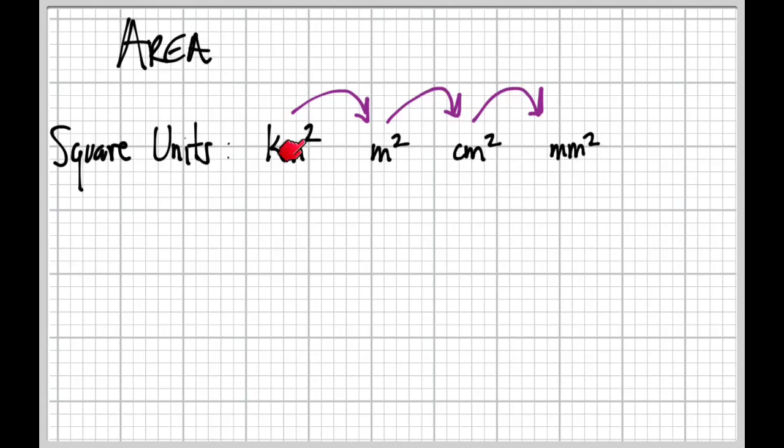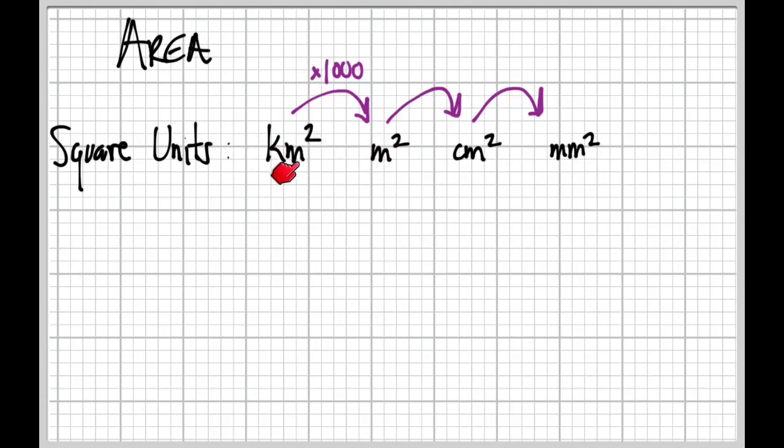So we'll start by going this direction from the big units to the smaller ones. Okay, and just like with units of length, from each of these units to the next one down, we're going to multiply, right? So remember when we went from kilometers to meters, we multiplied by 1,000. But we're going here from kilometers squared to meters squared.